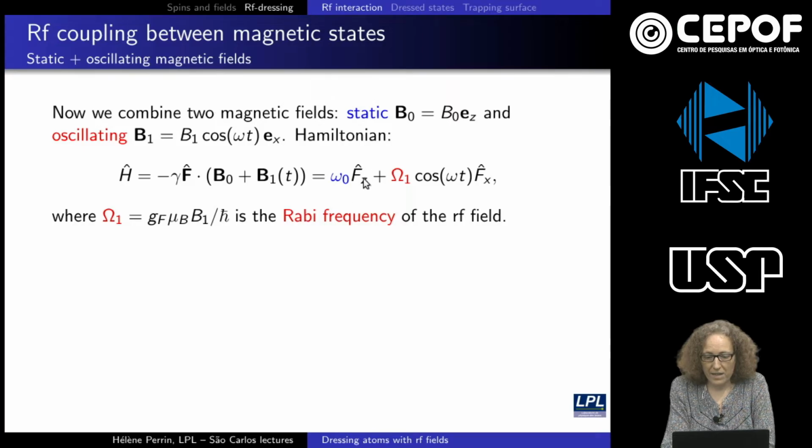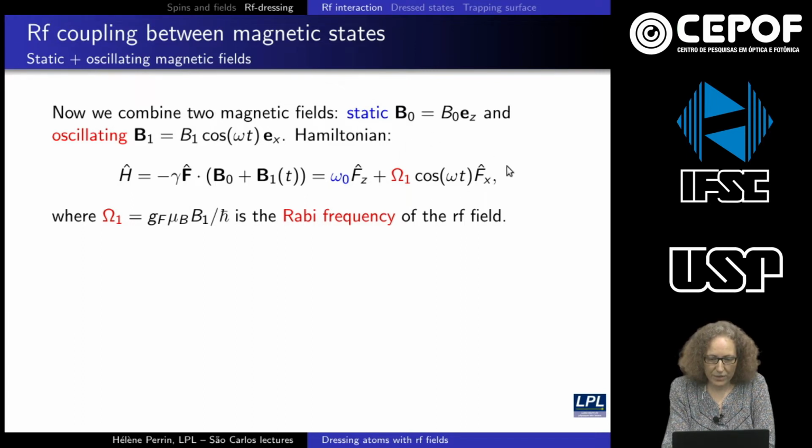So I have, as before, the term for the Zeeman splitting with the Larmor frequency omega 0 corresponding to the static magnetic field. But in addition, I have the oscillating term with some amplitude, which is called the Rabi frequency of the RF field, equal to g_F mu_B B1 divided by h bar, times the operator Fx of the spin, and with some oscillation with time.